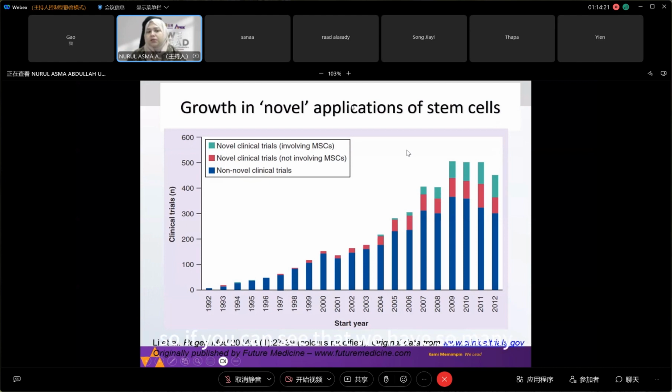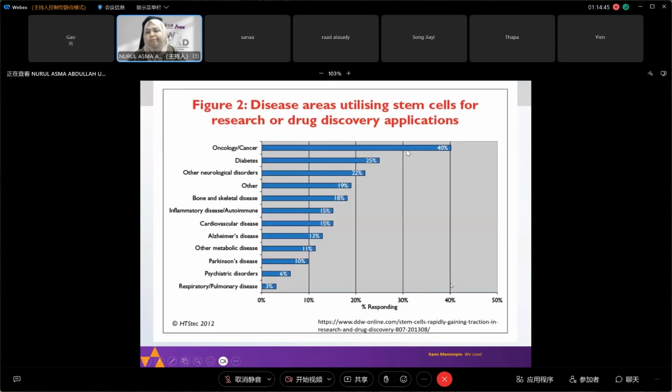We have so many clinical trials, and the number is increasing every year, and each country is also having its own regulation for stem cell clinical trials and also therapy in the country.